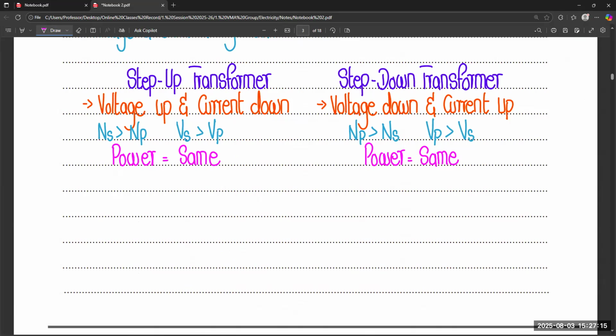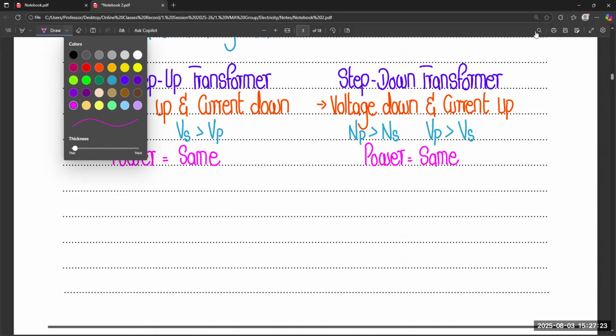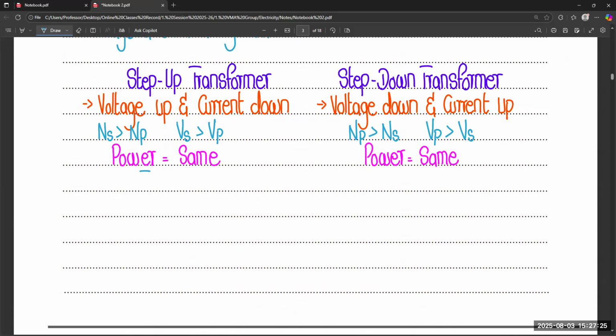And in the same way, if we talk about the electric current, as we discussed, in a step up transformer current goes down. So it means the current in the secondary coil is less than the current in the primary coil. On the other hand, in a step down transformer, current in the secondary coil is greater than current in the primary coil.